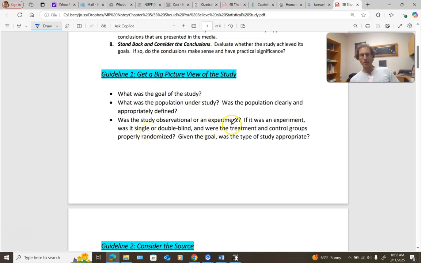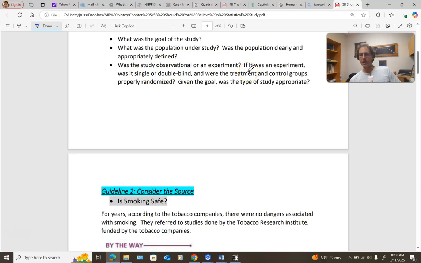These are all important things that, if not done properly, can cause a study to yield results that are not accurate at all. And then given the goal of the study, was the type of study appropriate? So just some questions to be asking yourself, or to be on the lookout for.